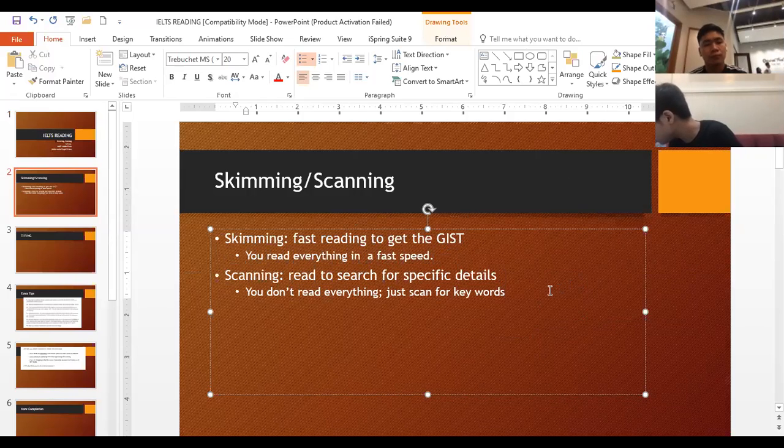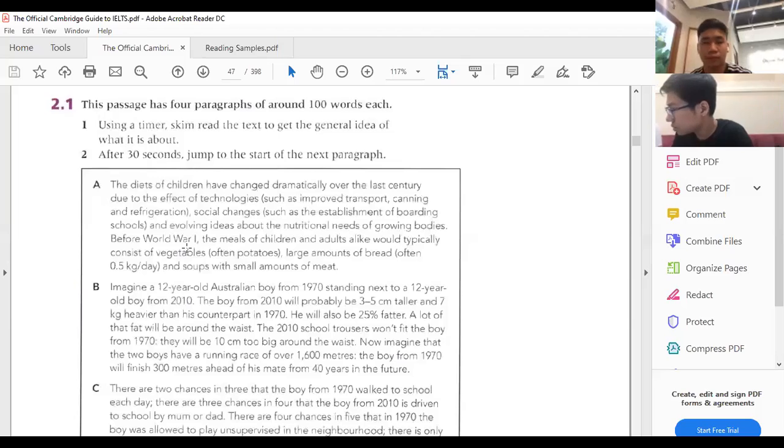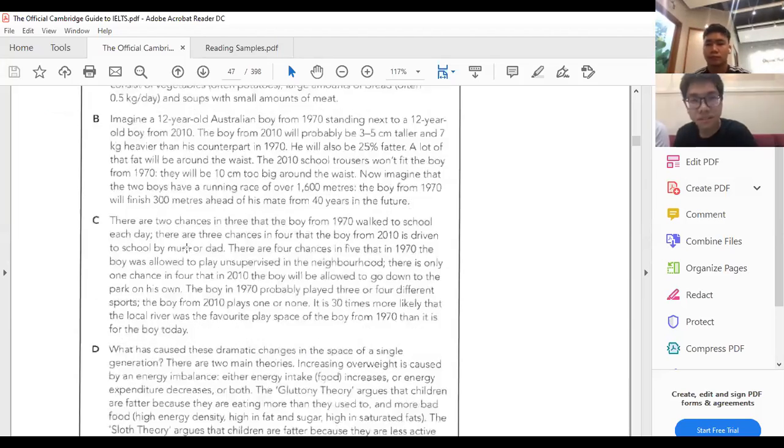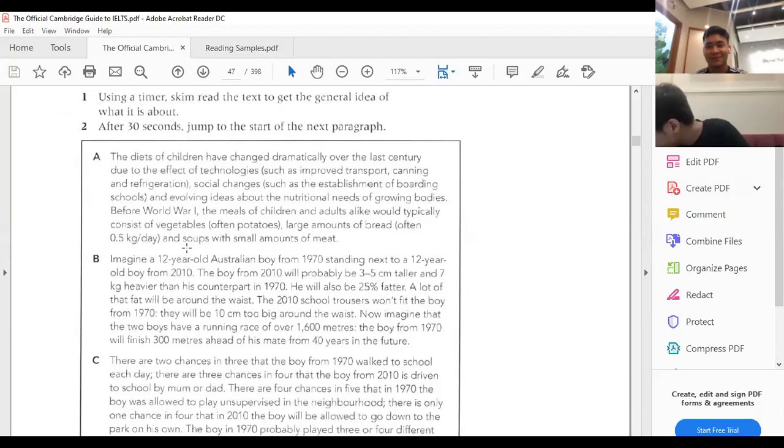Okay, so let's do a quick practice on skimming and scanning. It's very fast. I'll share screen again. So we have an article with four paragraphs. So we'll skim together, and your job is to read this article very fast.